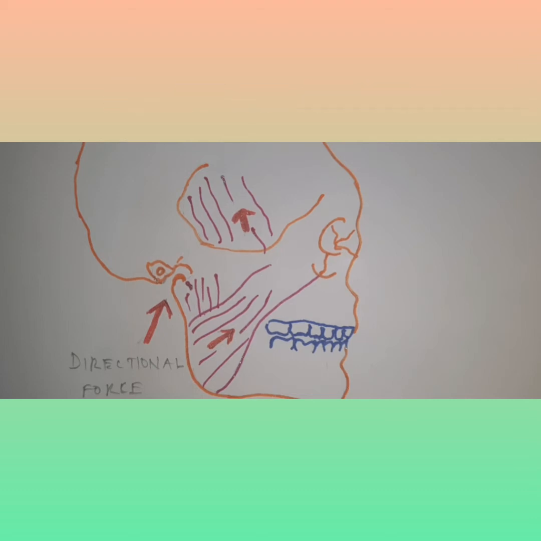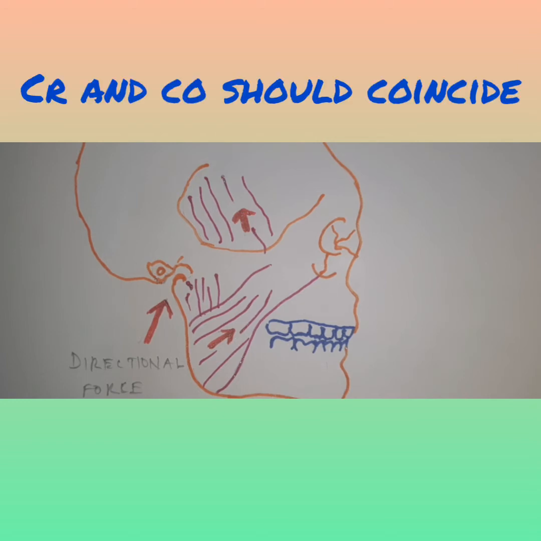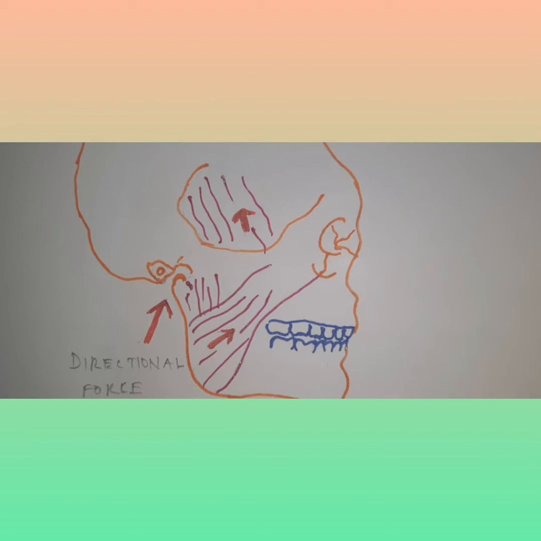Whenever we talk about rehabilitating edentulous patients, always remember that centric relation and centric occlusion should coincide, because if they do not coincide, then the stability of the dentures will be compromised. The cast should be mounted in centric relation because it is a point from which all movements can be simulated in the articulator. Centric relation should be accurately recorded and transferred onto the articulator to permit proper adjustment of the condylar guidance.